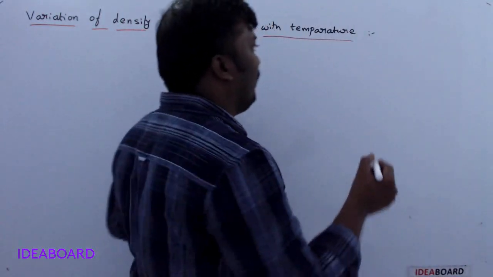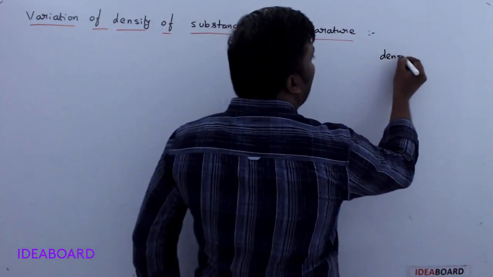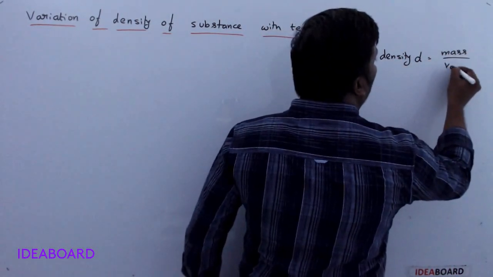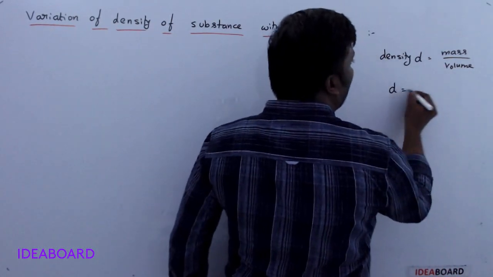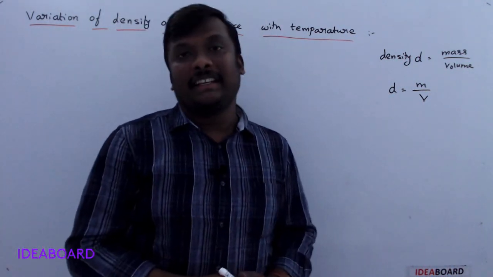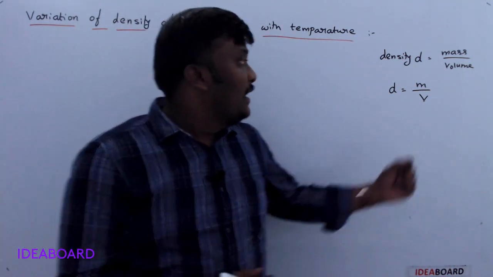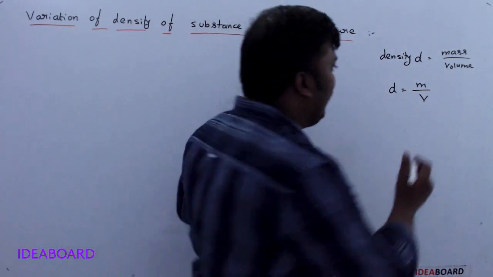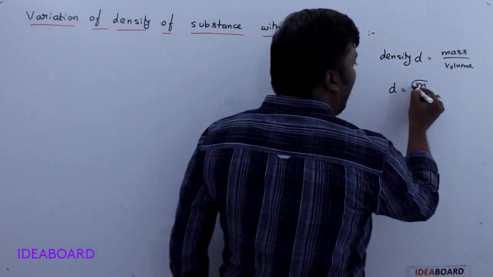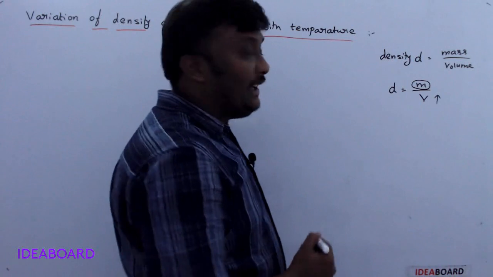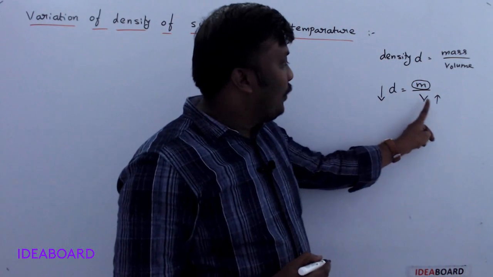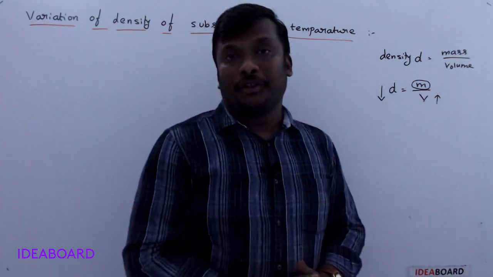We know the formula for density: mass by volume, so D is equal to m by V. On rising temperature of a solid substance, volume increases, while the mass always remains constant, so the density of the substance decreases, because density and volume are inversely proportional to each other.